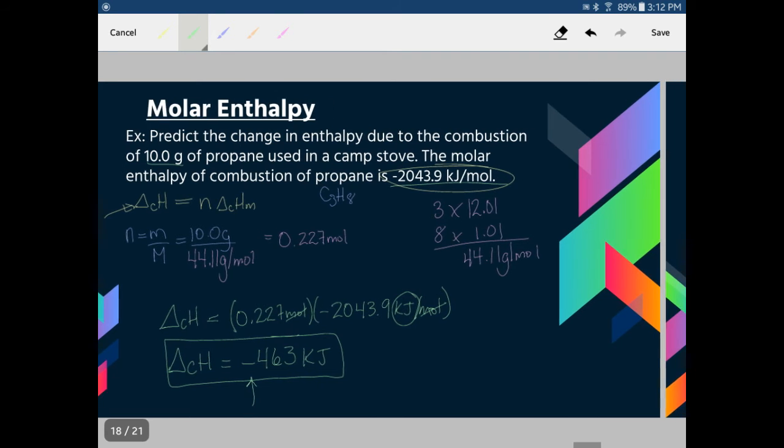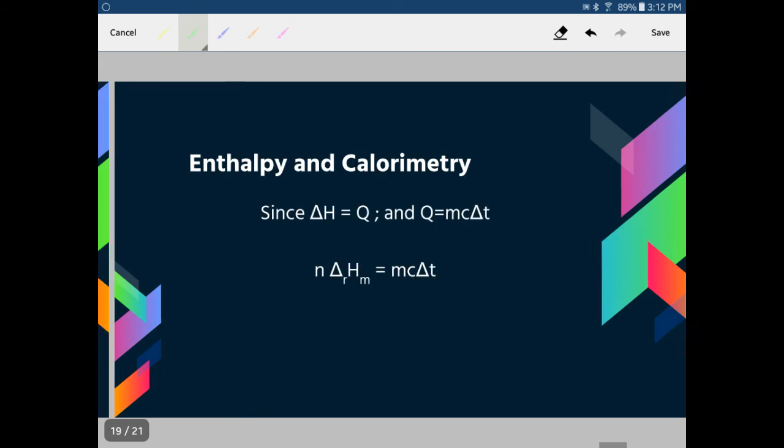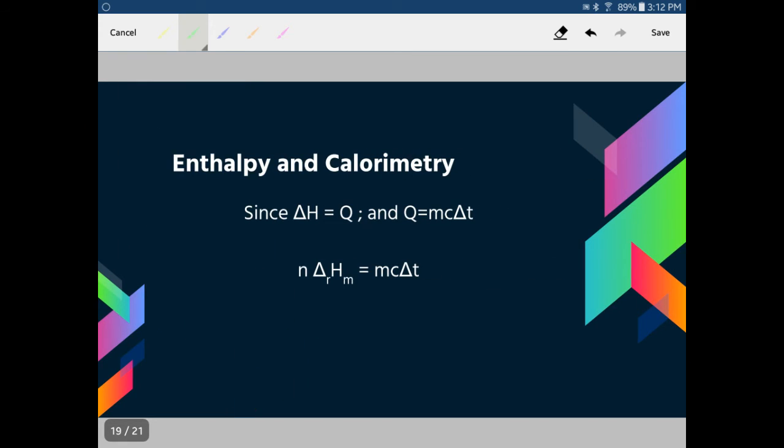So, let's continue on. So what does this mean when we're comparing enthalpy and calorimetry? Well, if we remember, delta H is equal to Q, okay? Now this is simply just because our potential energy is equal to our kinetic energy, and that's essentially comparing the same thing. This is just stating the conservation of energy. And we also know that Q is equal to MC delta T. And we know that delta H is equal to our moles times our molar enthalpy.